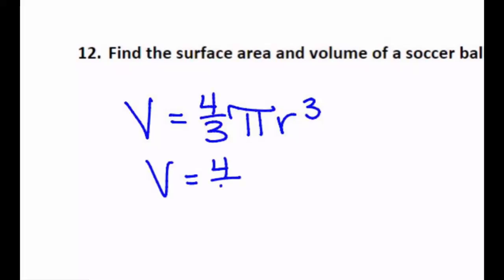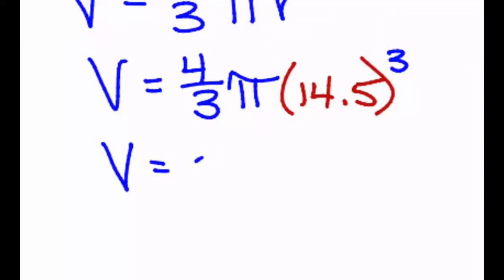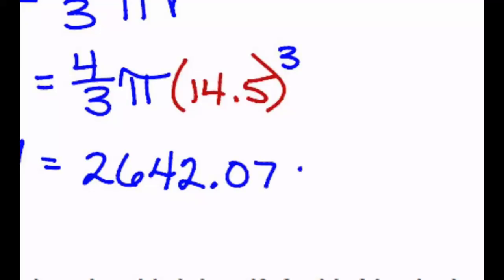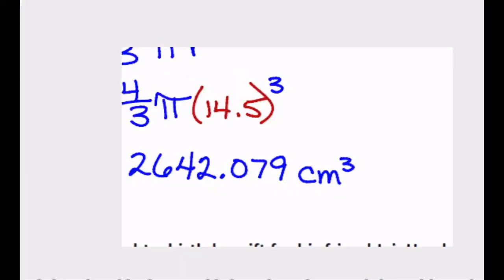So I would have 4/3 pi times 14.5 cubed. And when I pop that into my calculator, I get 2,642.079 centimeters cubed.